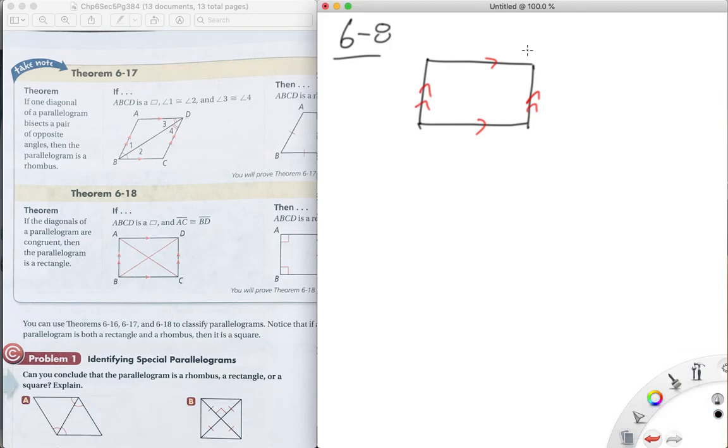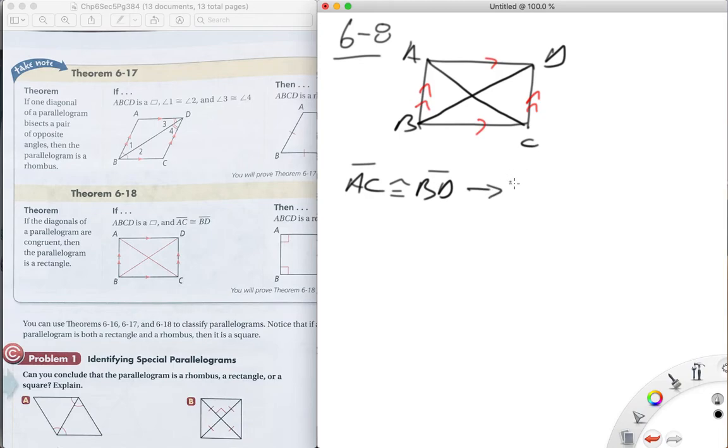And then I have my diagonals, A, B, C, D, such that AC is congruent to BD. So if the diagonals are congruent, then I have a rectangle.